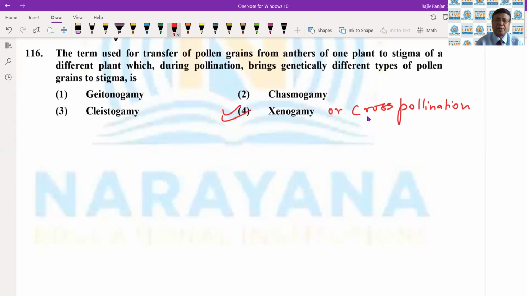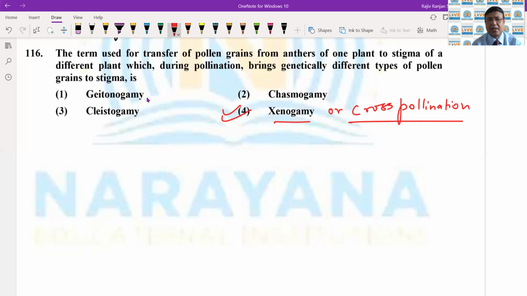Okay, so cross-pollination or xenogamy is a phenomenon in which the pollen from the anther of the flower of one plant goes through some agencies, abiotic or biotic, to the stigma of the pistil of the flower of some other plant. Nature favors it because it brings about variation faster compared to self-pollination.